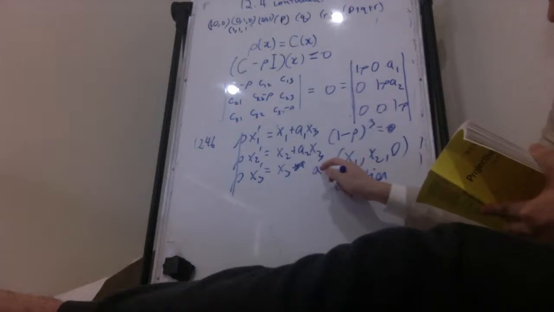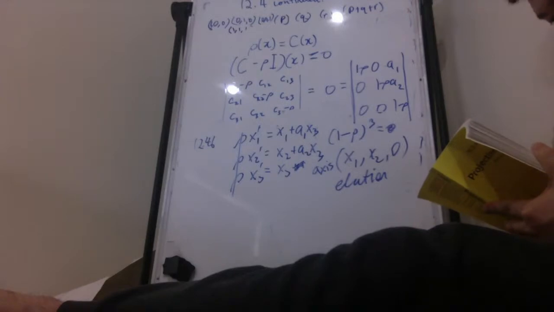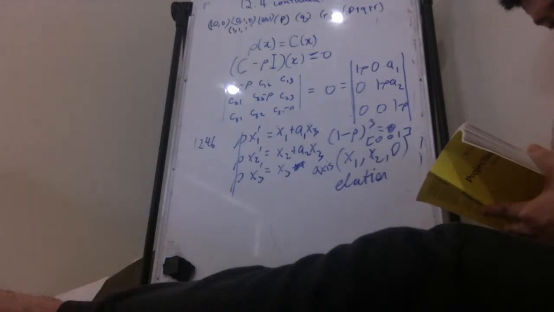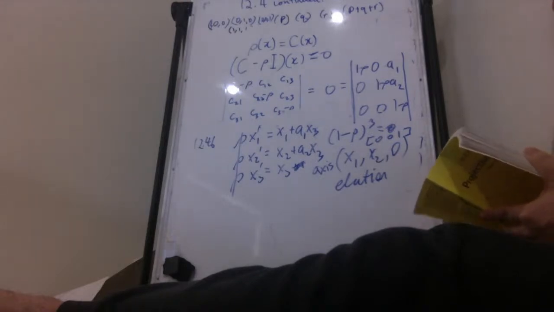This is the axis. And the center is somewhere. I guess we can find it. So again, the axis, we know it's 0, 0, 1. So we can find the center by just intersecting some stuff.